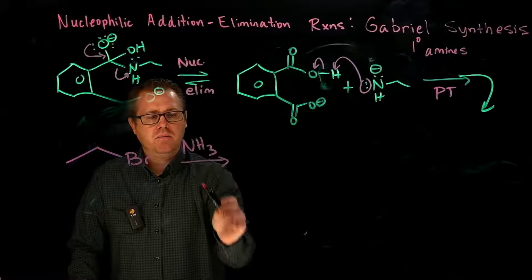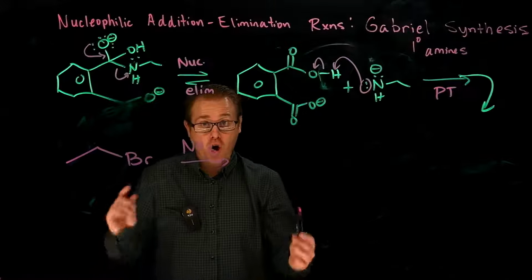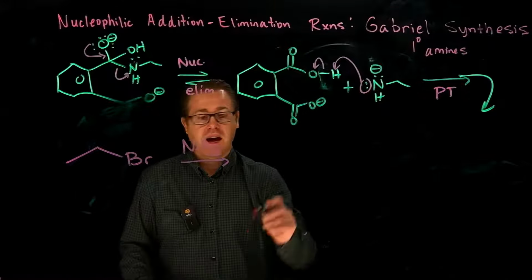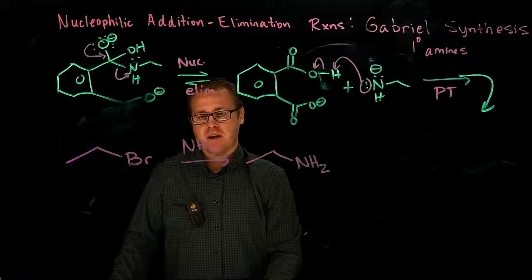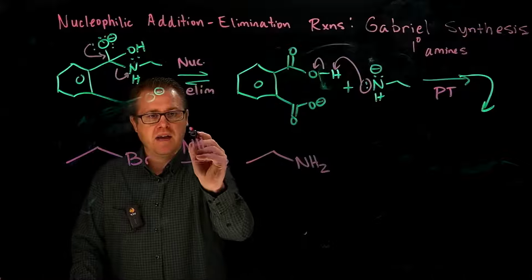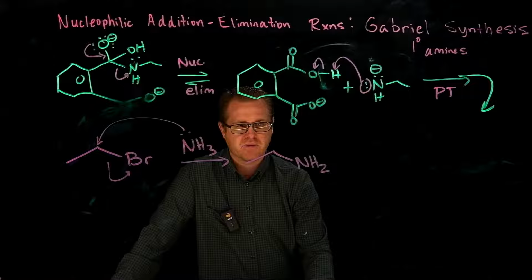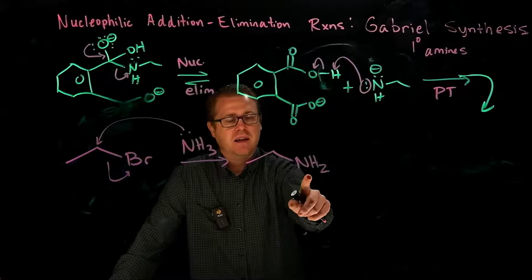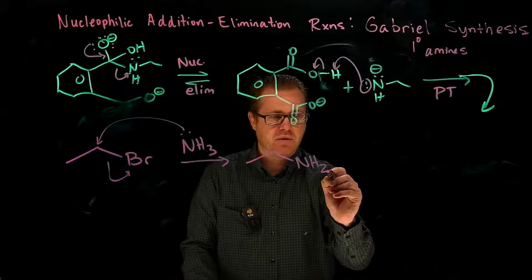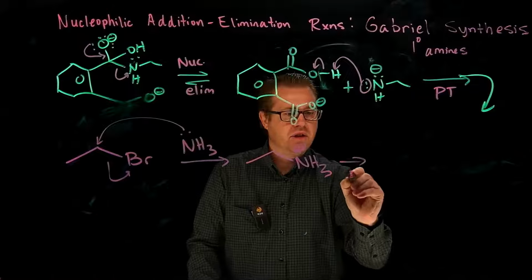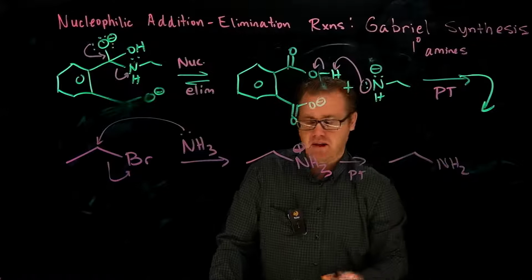And what would you get? Our hope and our design is that we want to get that as our product. We just want to have it do a simple SN2 and a proton transfer type thing to get us to our product. So after that first SN2, we would have that, and then you do a proton transfer to generate your primary amine.